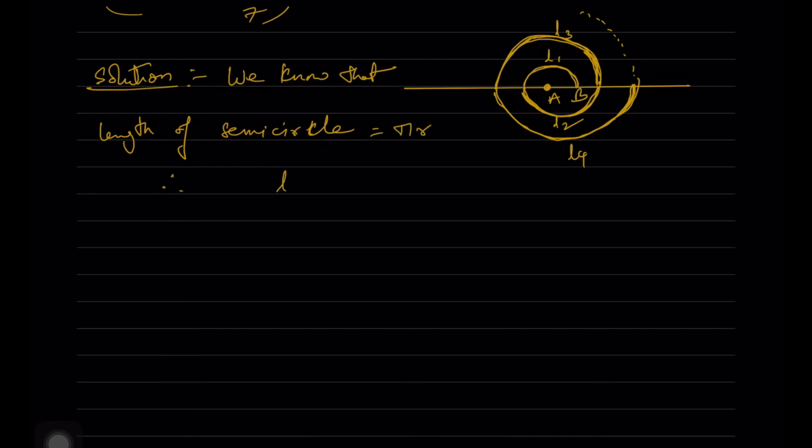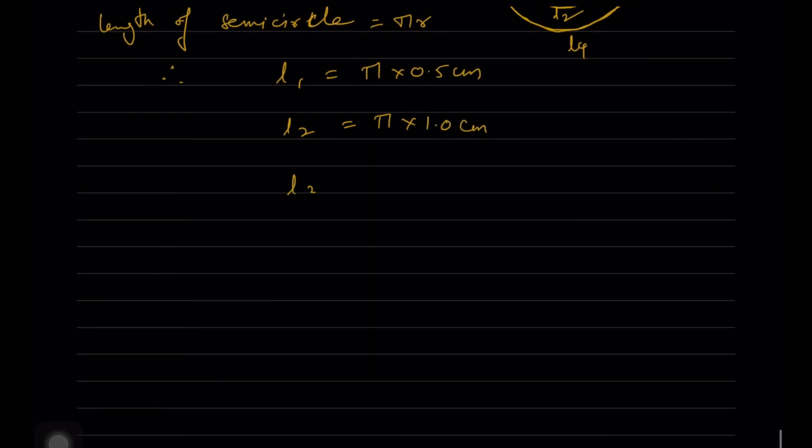Therefore L1 is equal to pi into 0.5 centimeters, L2 is equal to pi into 1.0 centimeters, L3 is equal to pi into 1.5 centimeters, L4 is equal to pi into 2.0 centimeters, and so on.